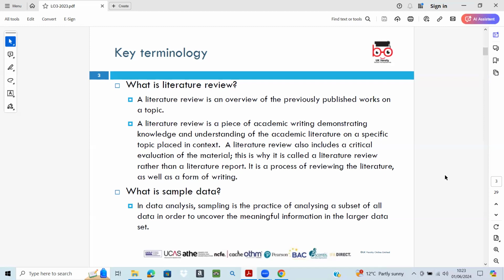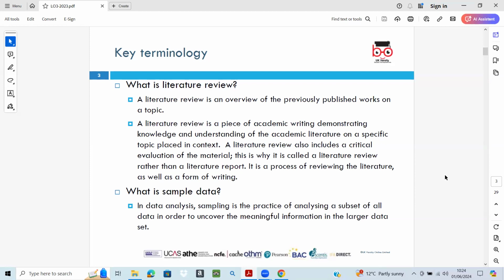Then we have knowledge and understanding. So a literature review shows that you are well versed in academic discussions and research findings related to your topic. For example, if you are researching the effectiveness of telehealth, your literature review might include summaries of studies that assess various aspects such as patient satisfaction, accessibility, and outcomes of telehealth services.